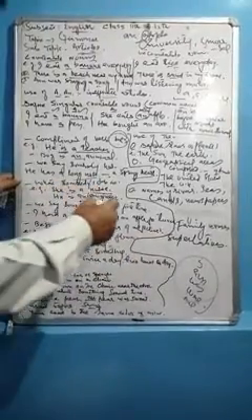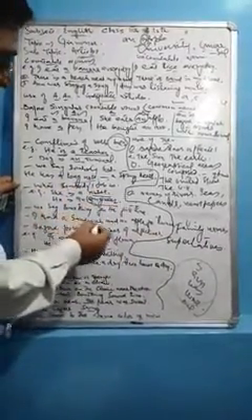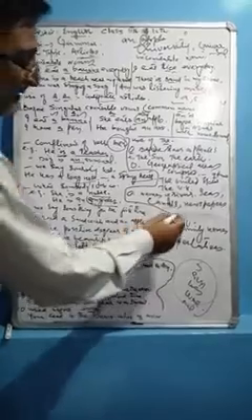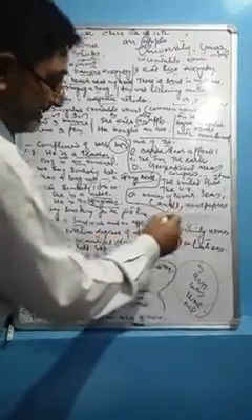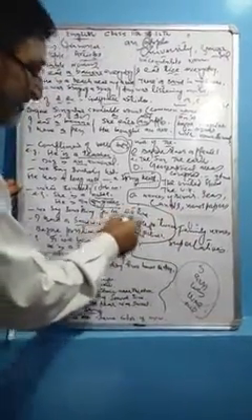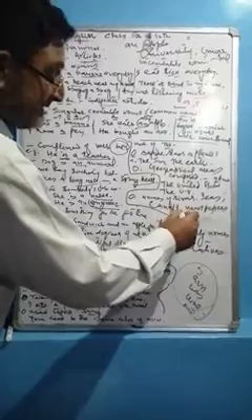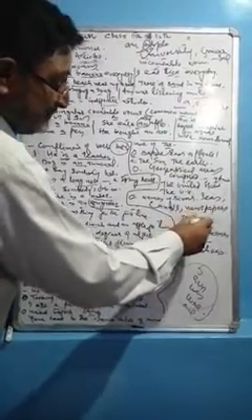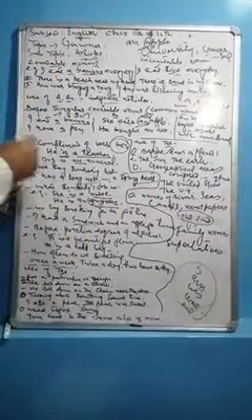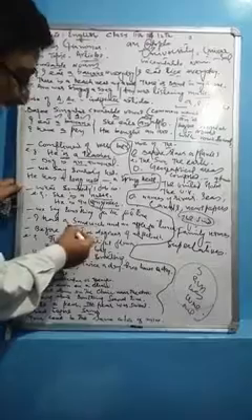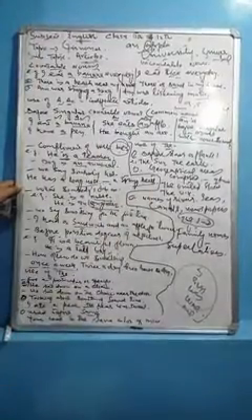But if I use this a second time, this sandwich or apple, I cannot say a sandwich and an apple, but I can say the sandwich. When I repeat it the second time, then I can use the. But when we use it for the first time, then it is a or an.